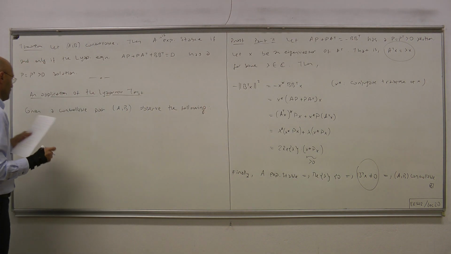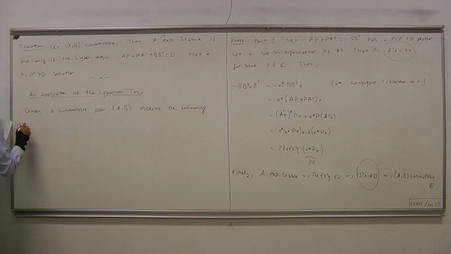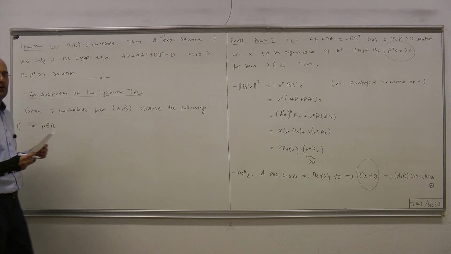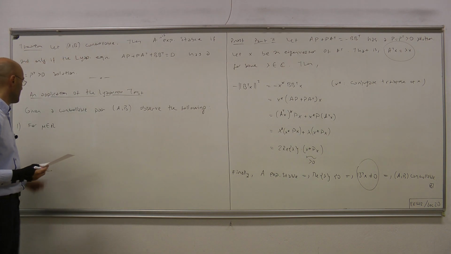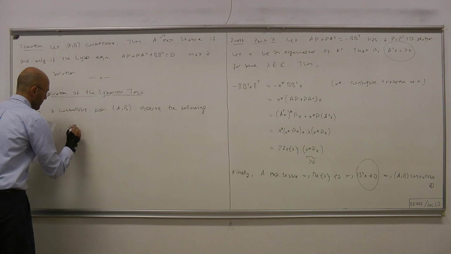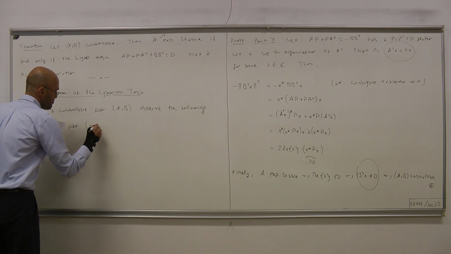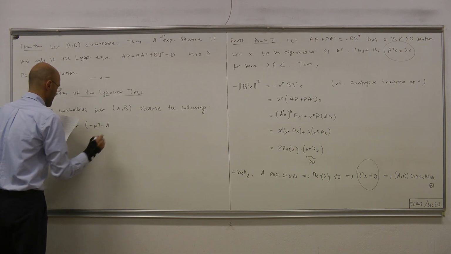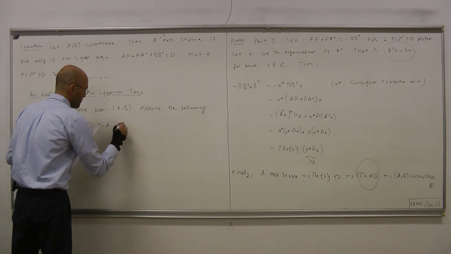First of all, for a real scalar mu, consider the pair (minus mu I minus A, B).